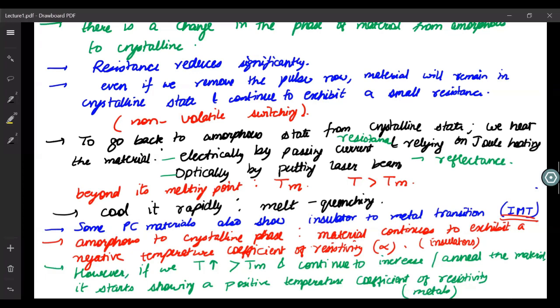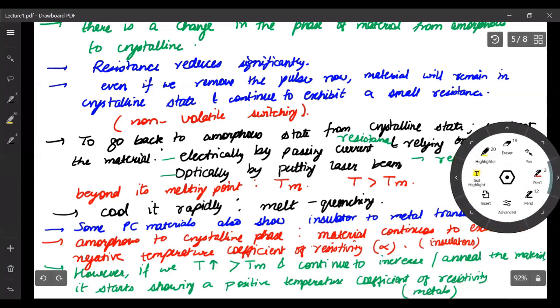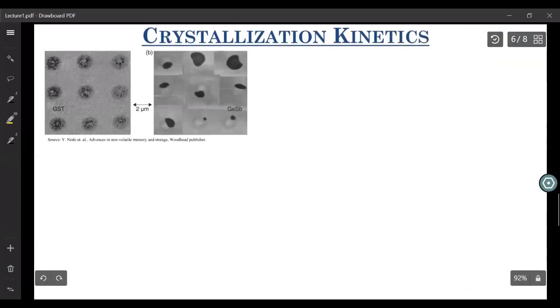We also saw that to convert it from amorphous state to crystalline state, we have to first increase the temperature beyond its crystalline temperature, Tc, and then let it remain there for some time. The fact that it has to remain there for some time makes this crystallization a very slow process. So let me discuss this. This crystallization time used to be the bottleneck.